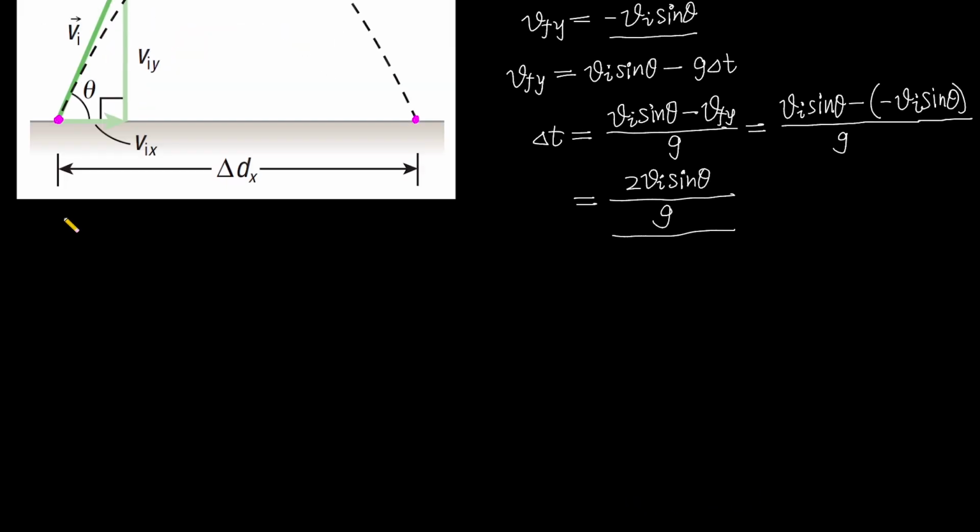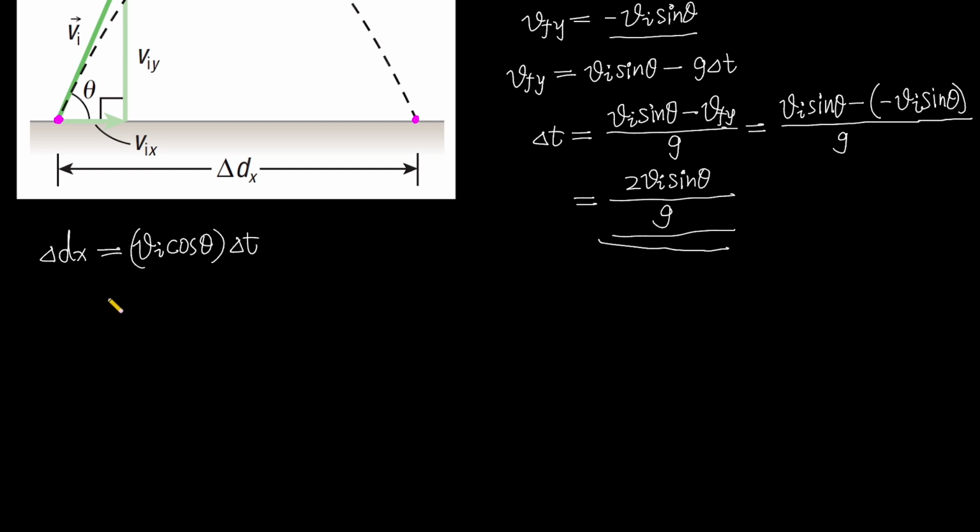Now we also know the range of the projectile, also called the horizontal displacement, equals the initial velocity multiply cosine theta multiply delta t time interval. And we replace delta t with this.